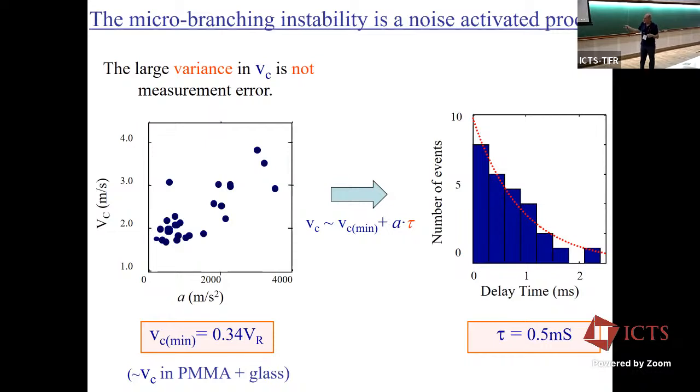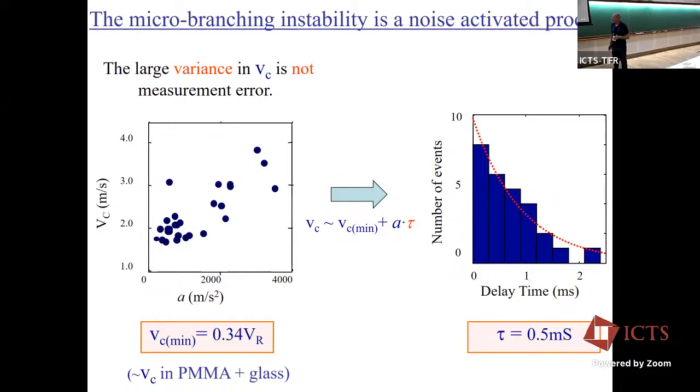So there's a time scale involved. This is the time it takes for it to react when getting kicked by one of these defects or perturbations. If it's accelerating very rapidly, the critical velocity that you'll see is going to be the acceleration times this time scale. And that's basically what we're seeing here.